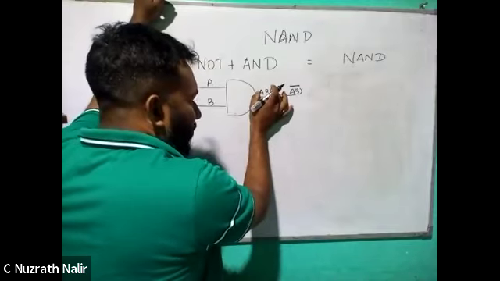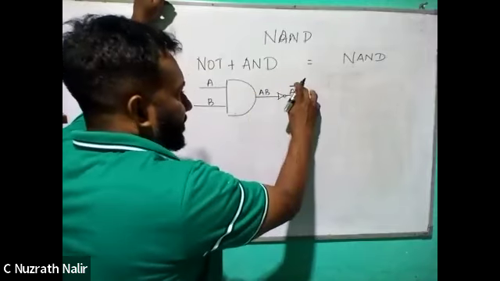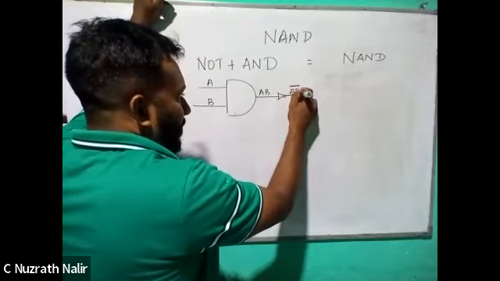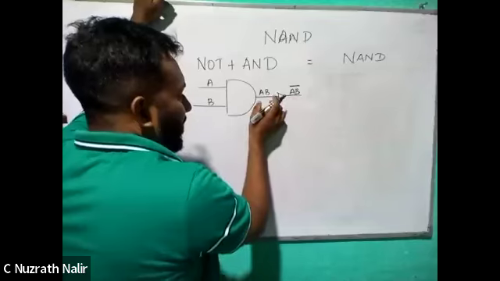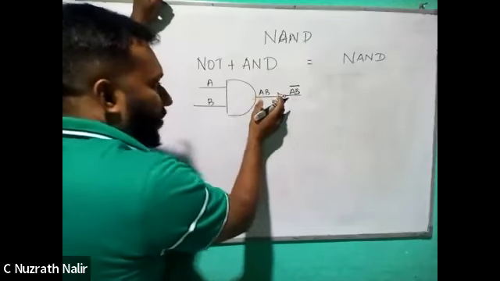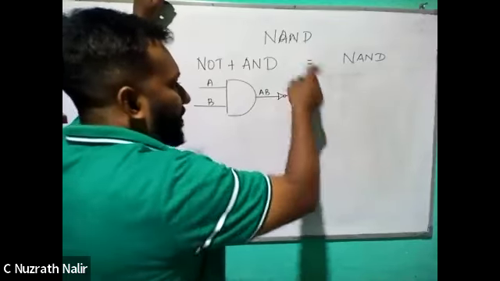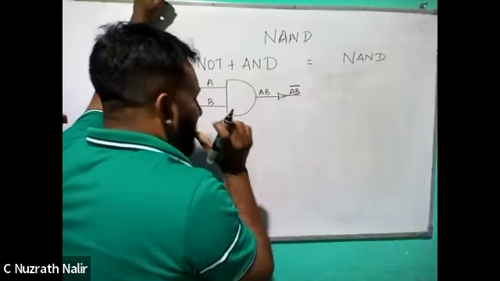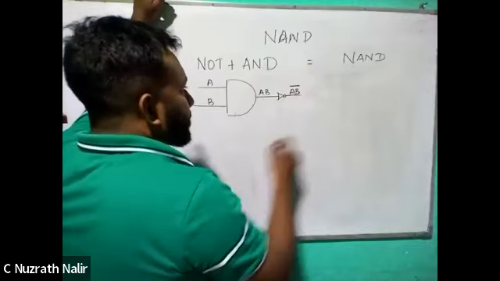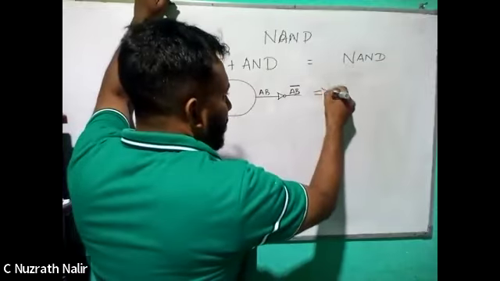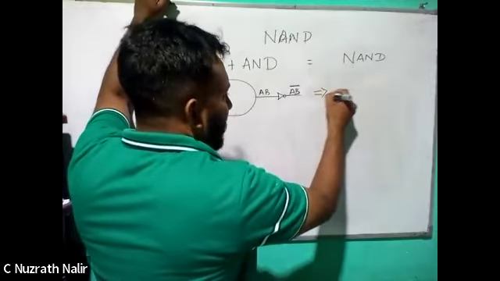Whatever the AB answer is, it becomes exactly the opposite. If you receive one output from AB, the total opposite of that output is AB overall bar. Simply, what you can write down is like this.